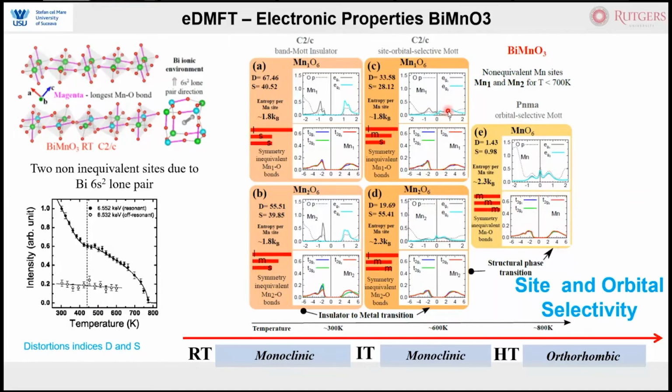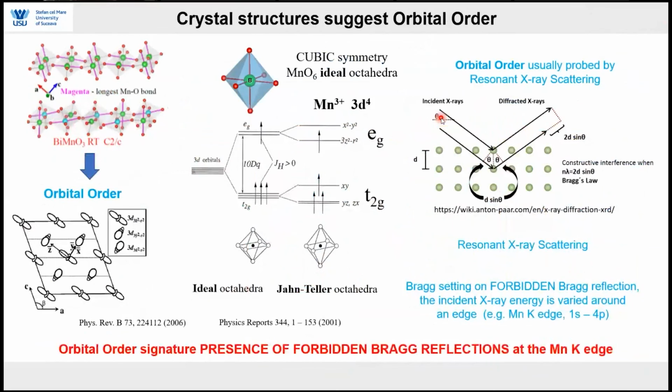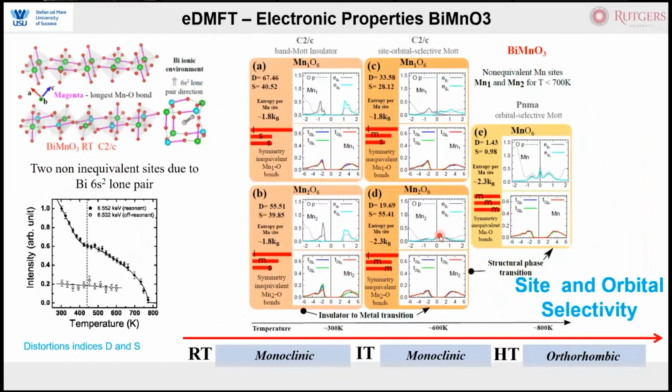So by using my method, what I realize is that at room temperature, I have orbital order on both sites. At high temperature, I have orbital selectivity, because some orbitals are insulating and some are metallic. But in between, in this region, I have what I call partial orbital order, because one site still has the gap. So one site still has this type of distortion, still has the Z² orbital aligned, but the other site is metallic.